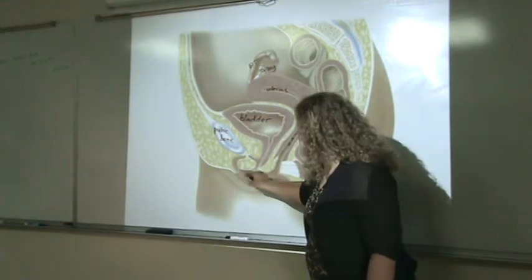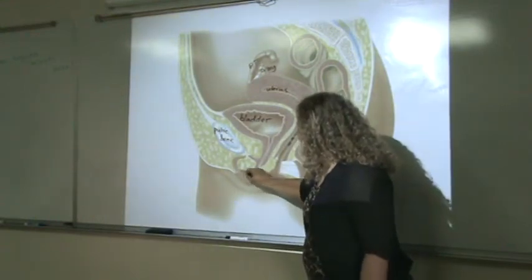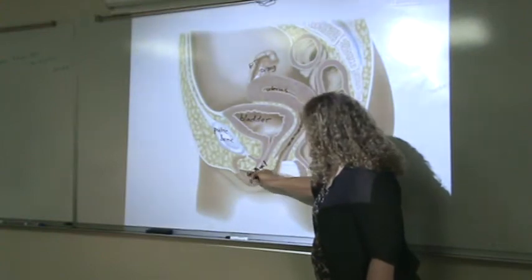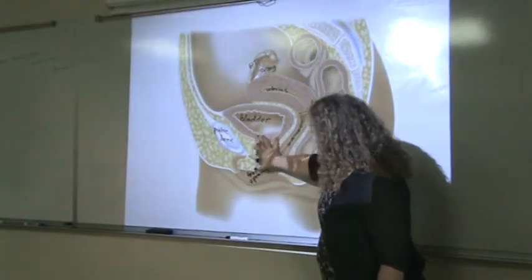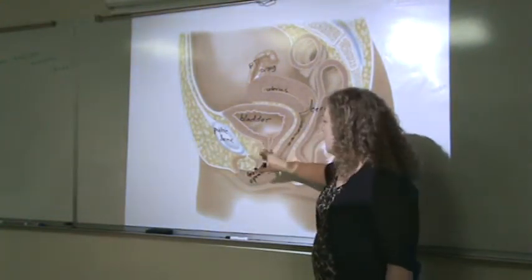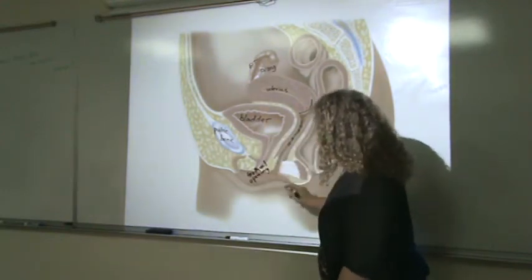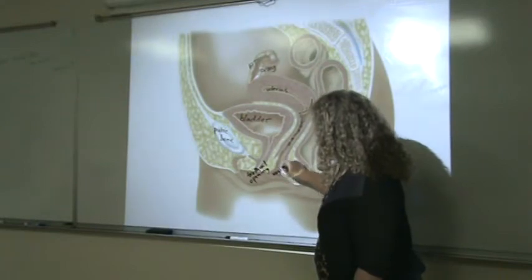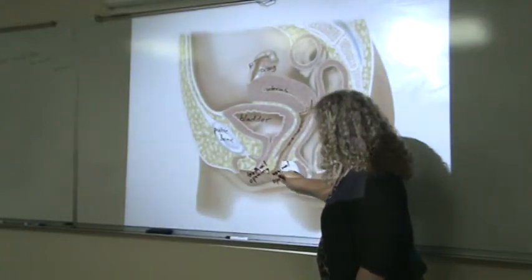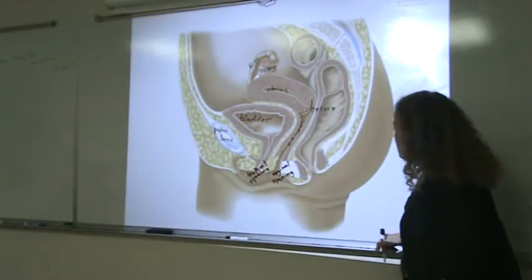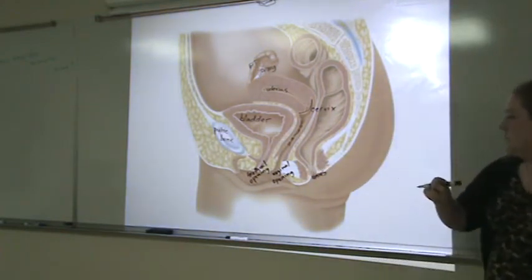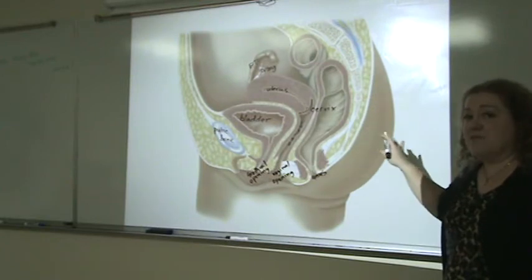The first one, this is the urethral opening. And there's the female urethra, which we talked about is short, here to here. This is the vaginal opening in the middle. Anus at the back. There's 3 different ones.